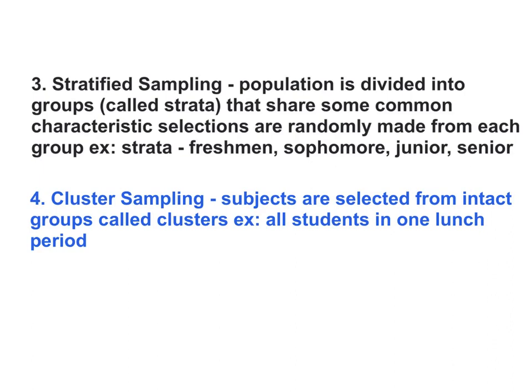In fact, it's really easy for me and convenient for me, because you're all right here right now, and I might as well just knock it out and get my study over with. So clusters are going to be selected from a group of similar characteristics. Isn't that like stratified? No, it is not. Because I'm going to select all of that group to sample. Oh, okay. And then the other one is just random from each group.